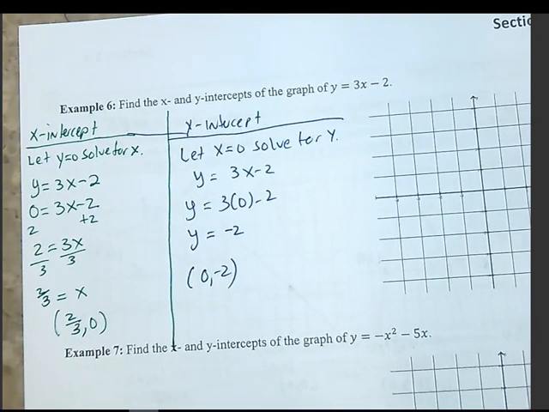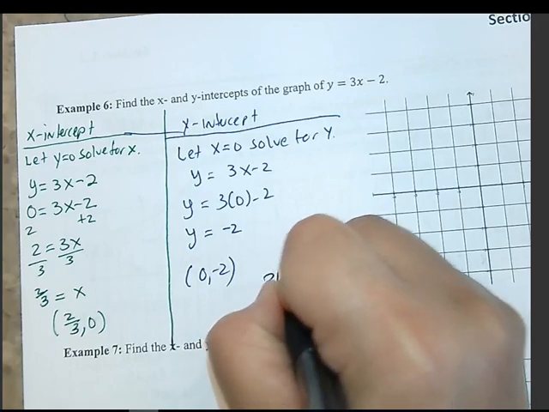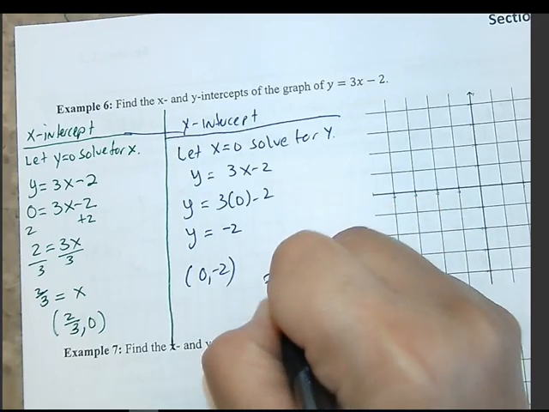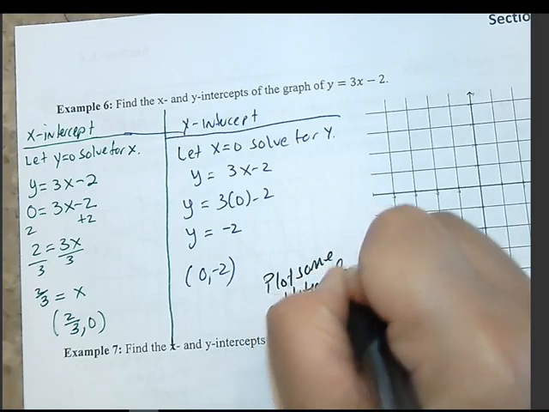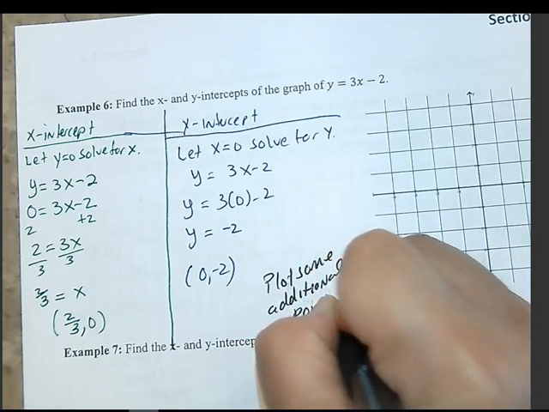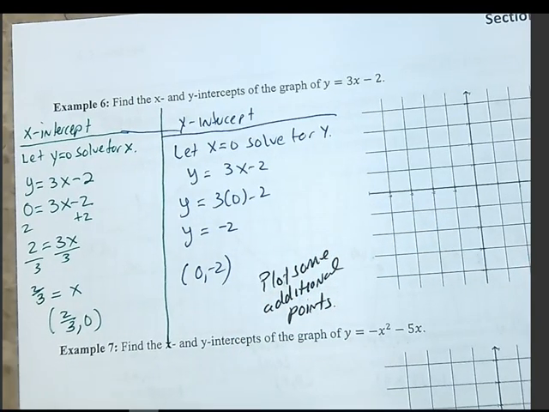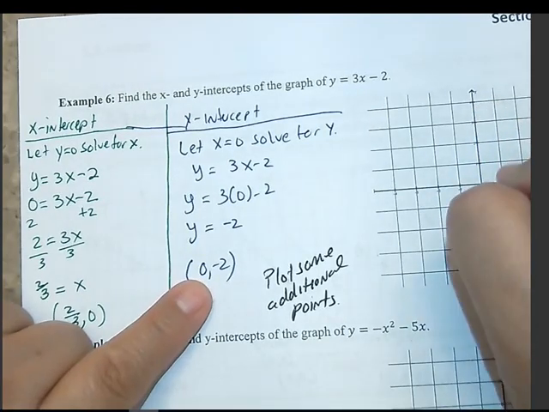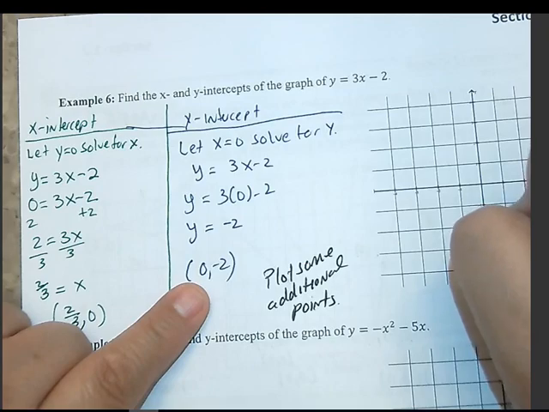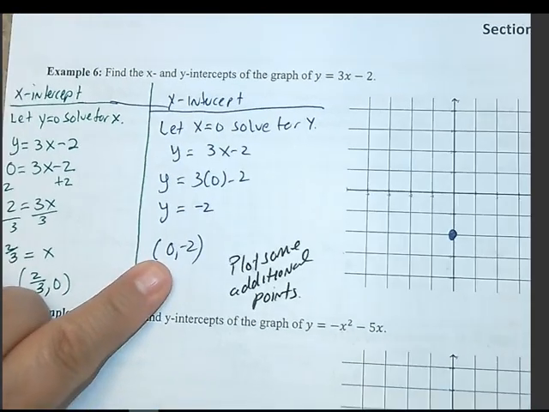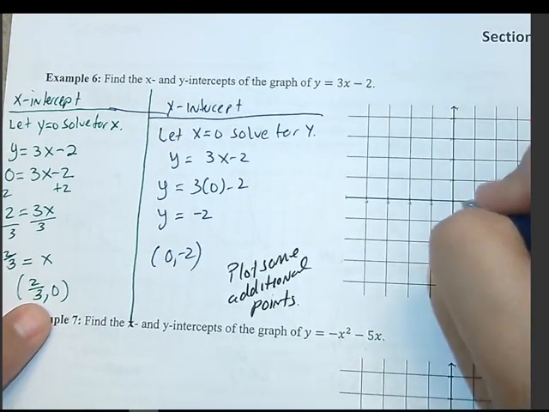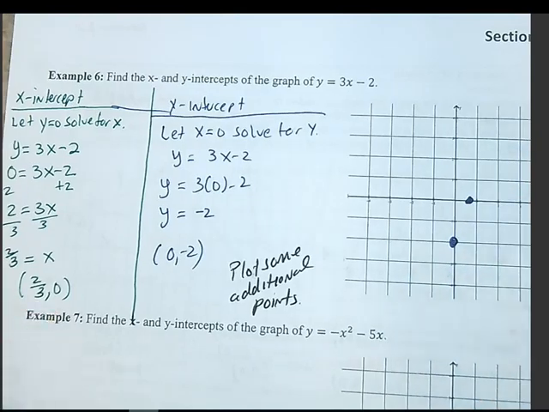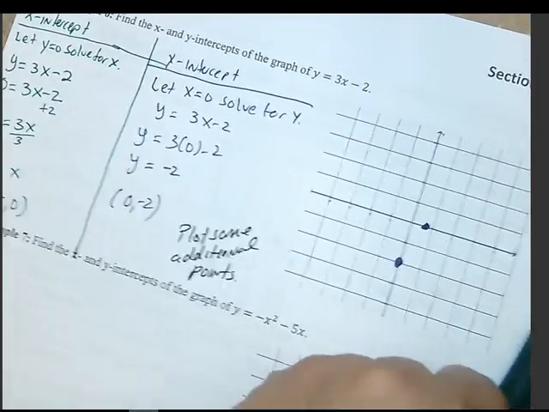Then if you need to, you can plot some additional points. But you're going to see in the next section that since this is going to be a line, you really just need 2 points. So we have 0, -2, which is right here. And then we have 2/3 and 0. So that's going to be somewhere in here. And then we can graph the line.